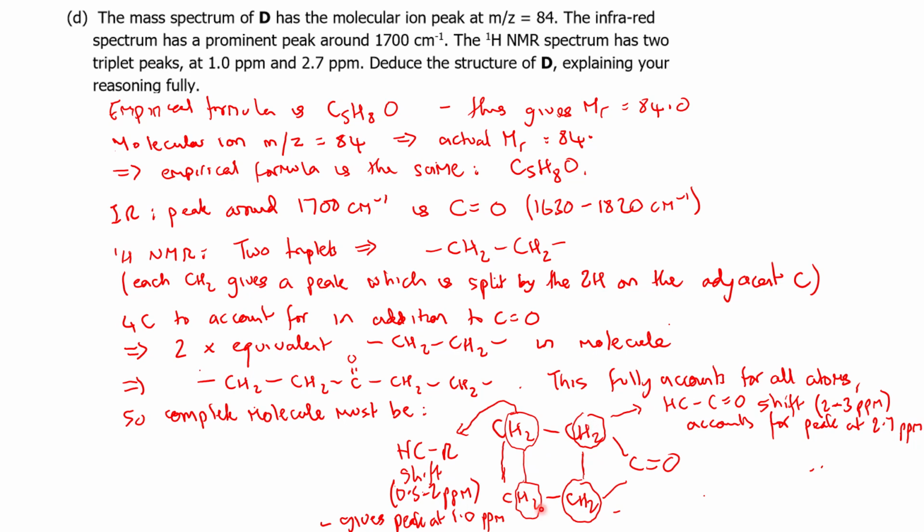And obviously the same would be true for this one, which would just be split by that. So the triplet is correct, but it's worth noting that that's why it's only a triplet. So I'll just note down: equivalent CH2s don't split each other.